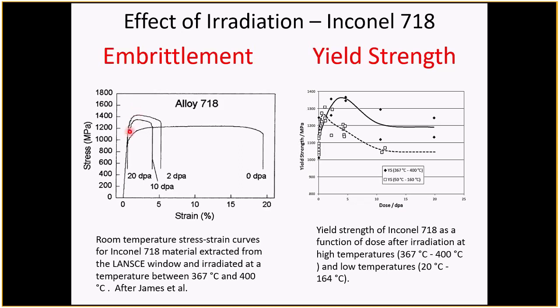The ultimate tensile strength is going down. So that's one thing. It's being embrittled. But more importantly, the ultimate tensile strength of that material is actually decreasing. It's actually lower than the unirradiated material. It's going down here. And I'll show you later with the Inconel X750 and Canada reactors, we're going down this curve.